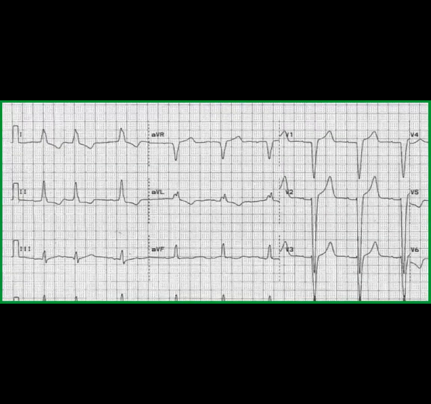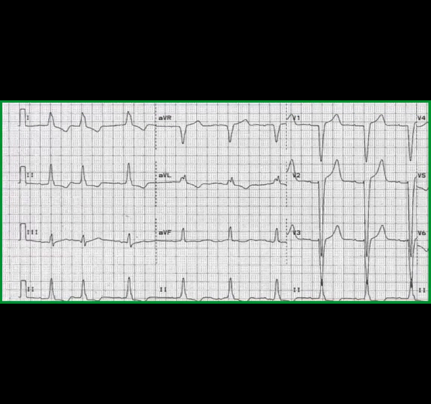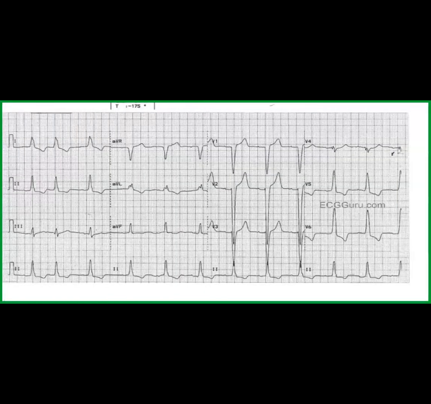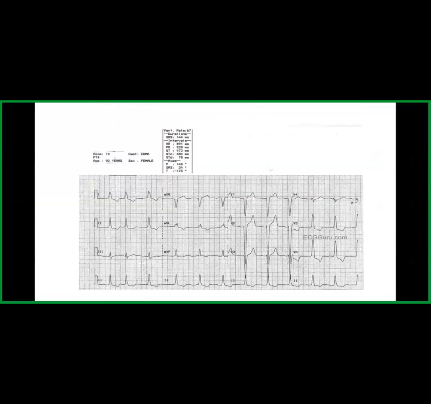Sometimes the criteria will present itself in other leads, as we are able to see in lead AVL. So putting all of these criteria together, an experienced person will be able to diagnose this patient with a left bundle branch block. We can see all of those criteria that I shared before in this patient as well.